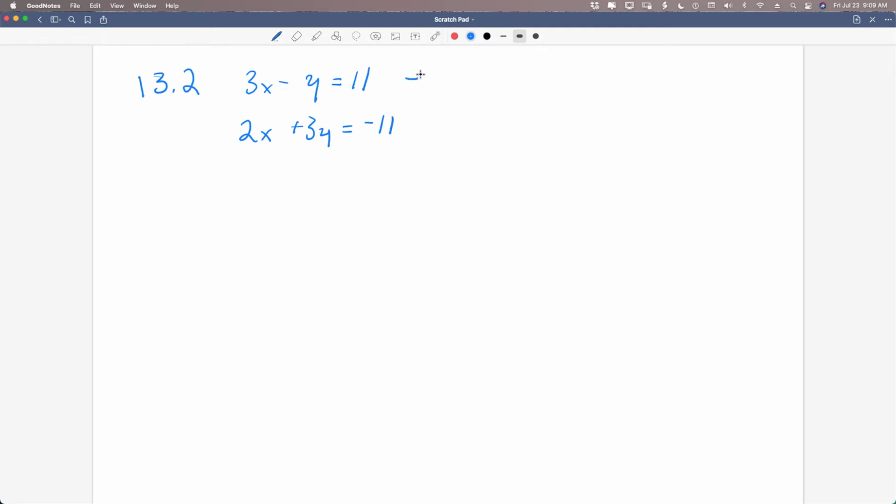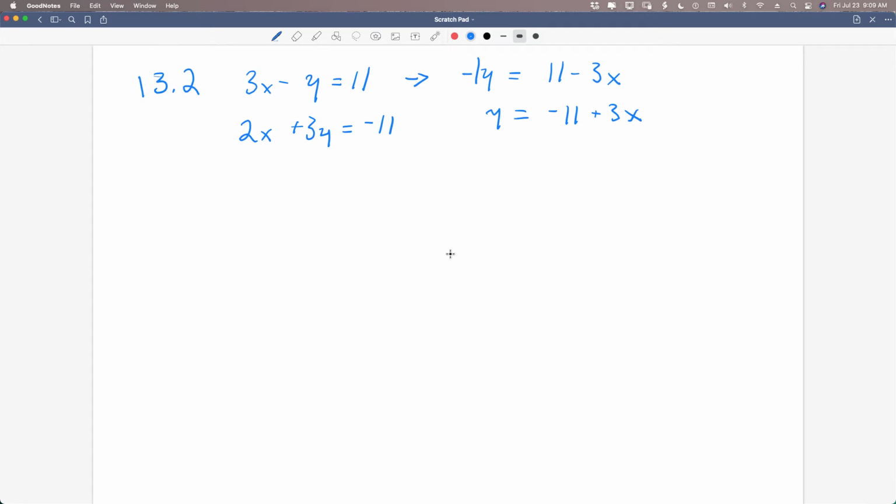If we simplify it a little bit, let's flip our sides around. This would be a negative y equals 11 minus 3x. And if we multiply everything by the negative 1, because we want this to be positive, in order to get rid of the negative 1, we end up with y equals negative 11 plus 3x.